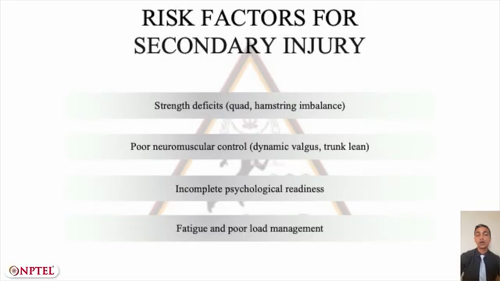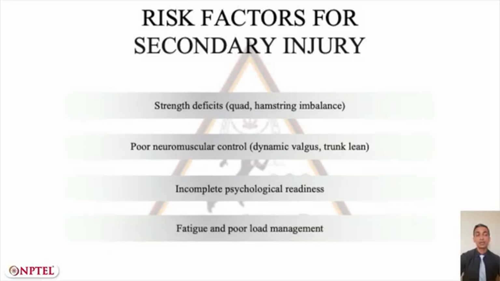This also includes contralateral ACL tear, which is a new injury in the uninjured knee, with incidence being between 8 to 12%. Apart from these, we also have associated injuries such as meniscal tears, cartilage lesions, or collateral ligament injuries sustained during return to sport.